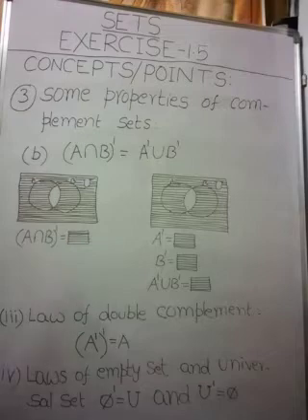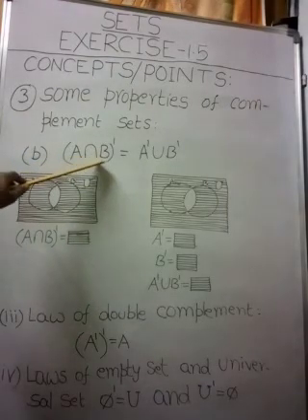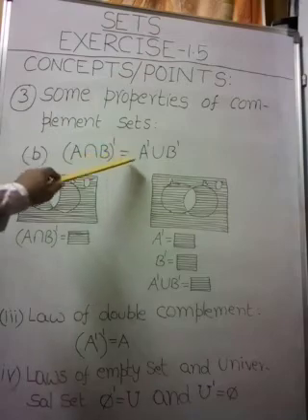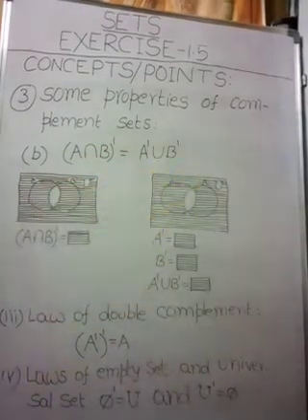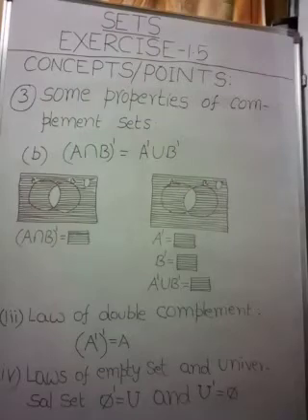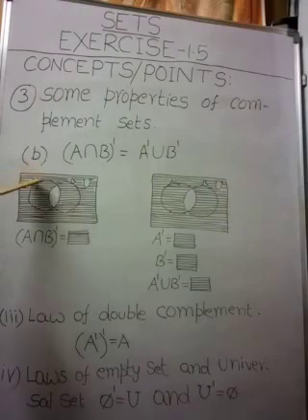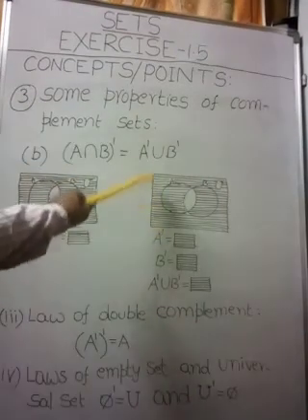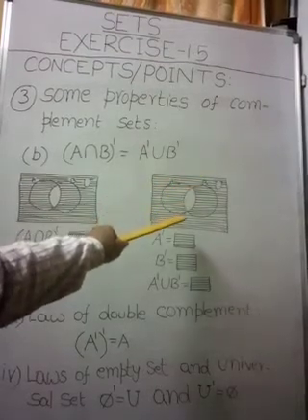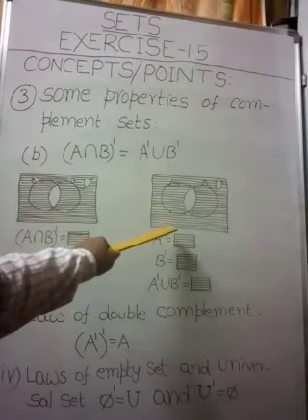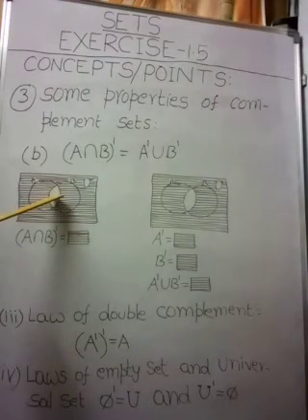Now come to the next De Morgan law: (A intersection B) whole complement is equal to A complement union B complement. I have represented (A intersection B) whole complement by means of a Venn diagram here, and A complement union B complement I represented by means of a Venn diagram here. See here, A intersection B is this part.